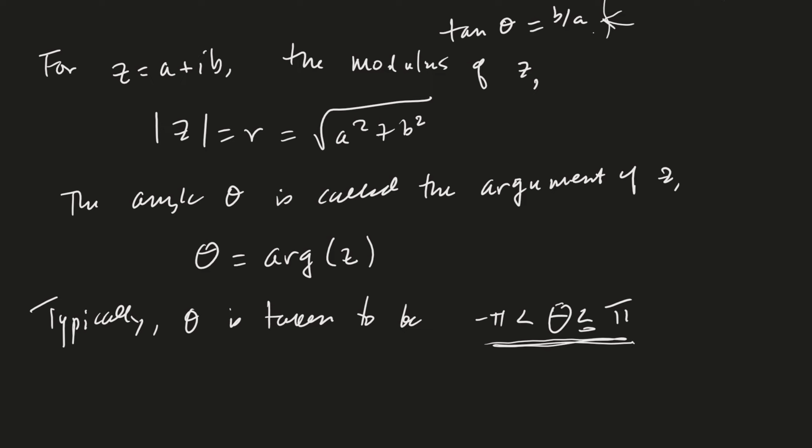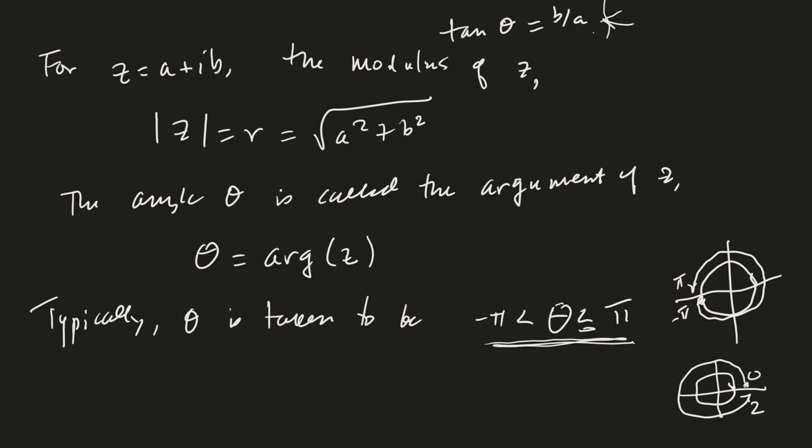Because you could be talking about the interval from 0 to 2 pi, we're talking about the unit circle, right? And so right now we're talking about going from this as being minus pi all the way over to this as being positive pi, right? But you could be thinking of the circle in normal terms as this being 0 and then going around and this being 2 pi, right?